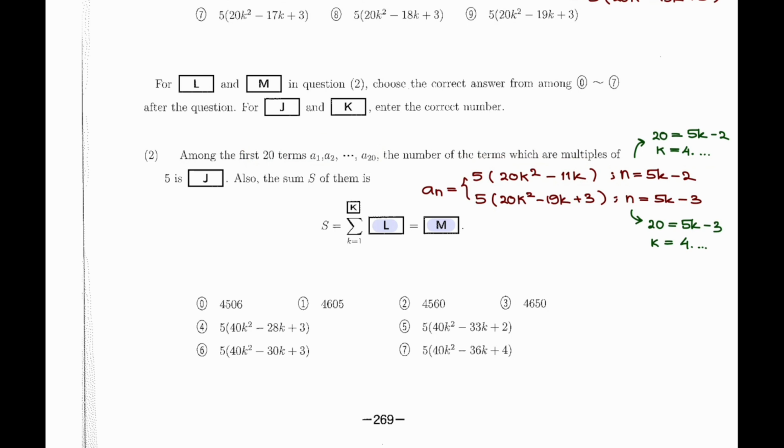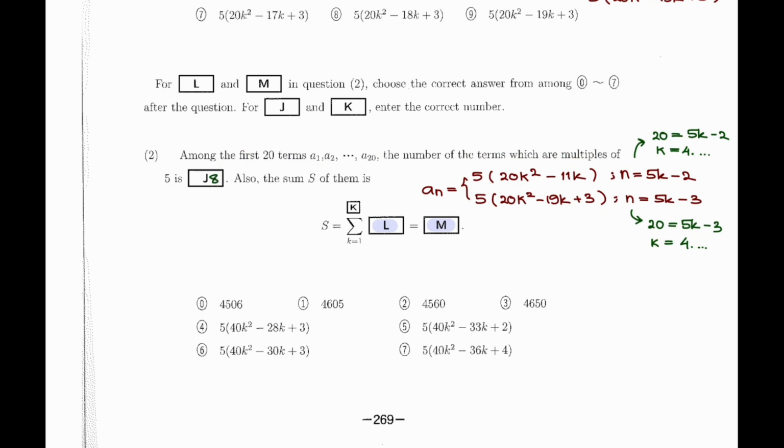So I can conclude that for the first equation there are 4 terms which are multiples of 5, and for the second function there are also 4 terms which are multiples of 5. So the number of terms which are multiples of 5 is 4 plus 4, which gives 8. So J here is 8.